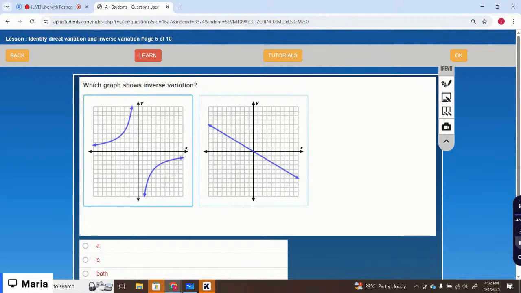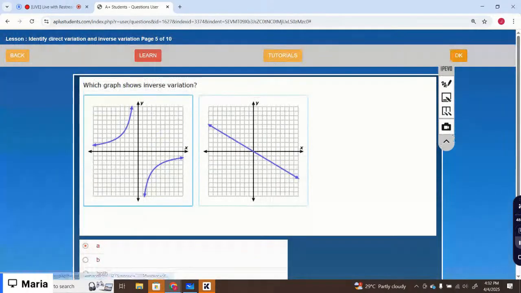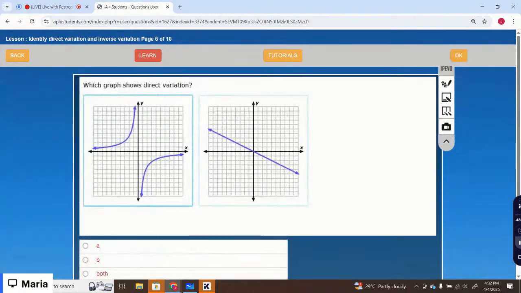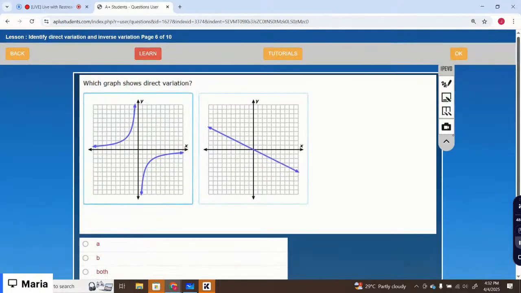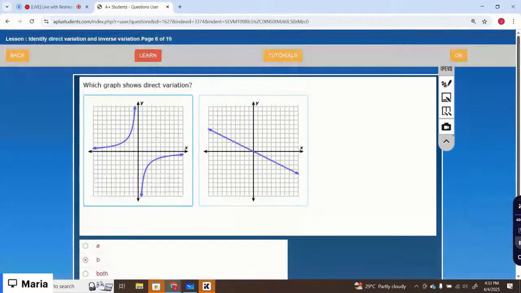Which graph shows the inverse variation? A is the correct option. A shows the inverse variation. Which graph shows the direct variation? B is the correct option.